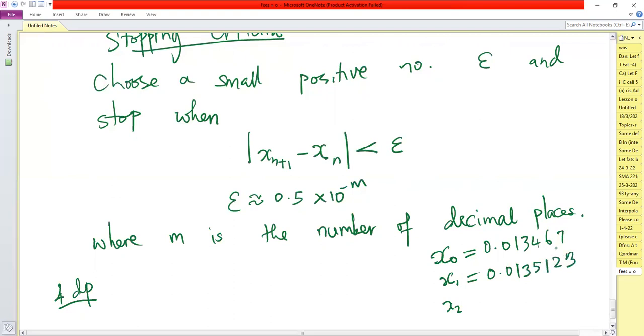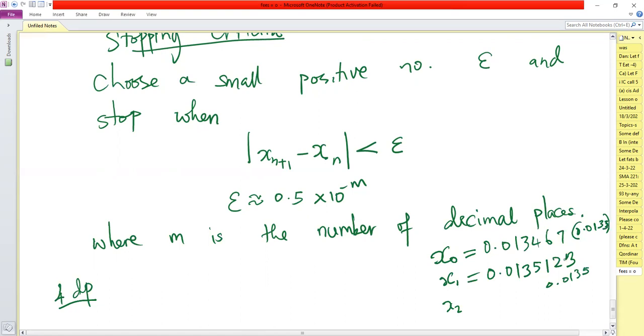and x2 you get 0.01351123. So at every point, ensure that you round off your iterations to the stated level of accuracy to compare the solutions. Now, for the example, this one will have 0.013 and then 5. And this will give you 0.0135.